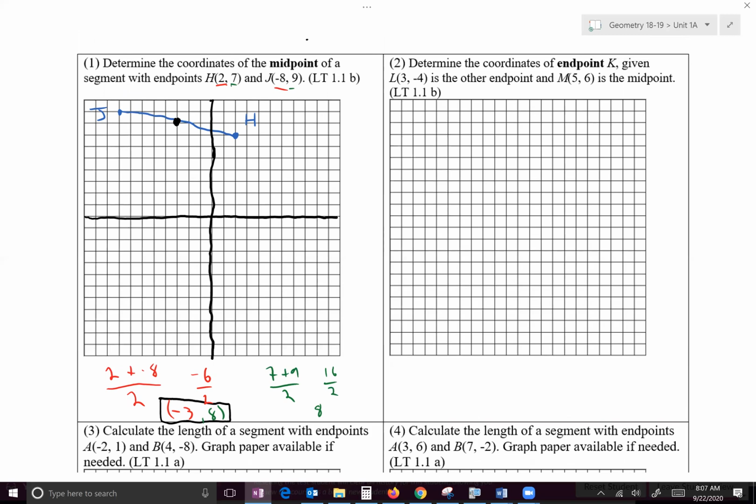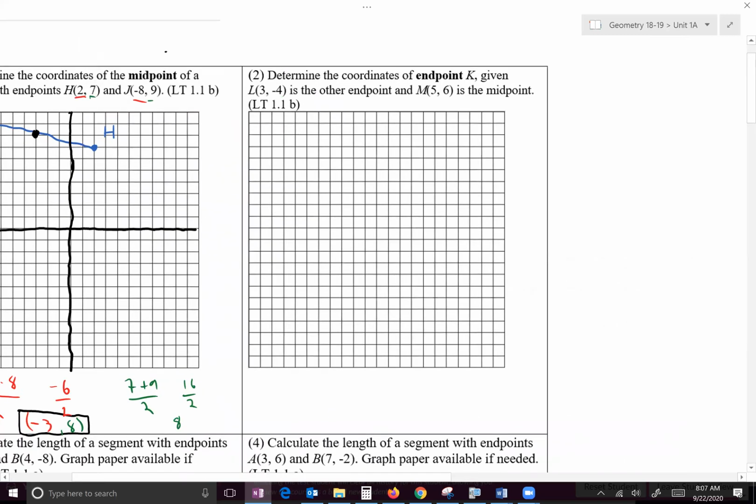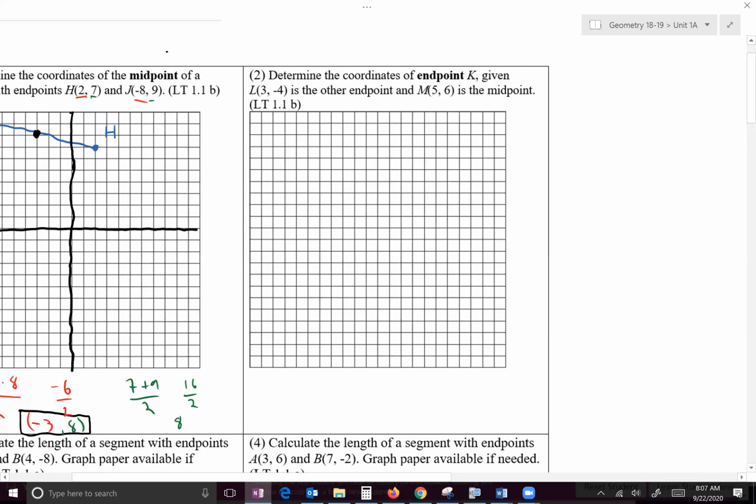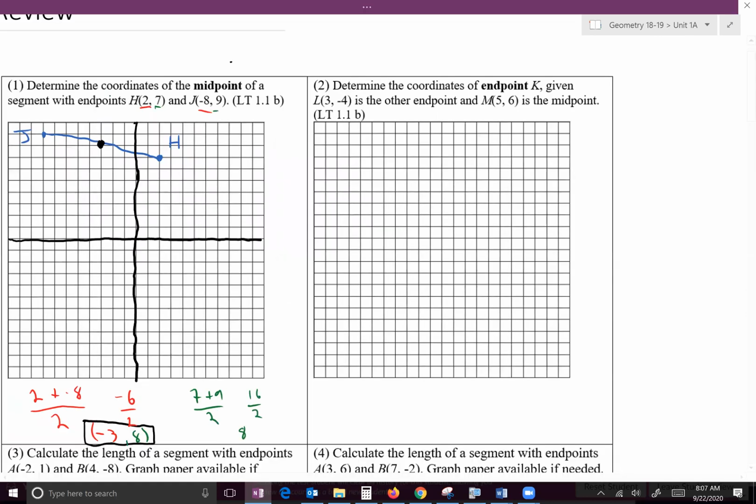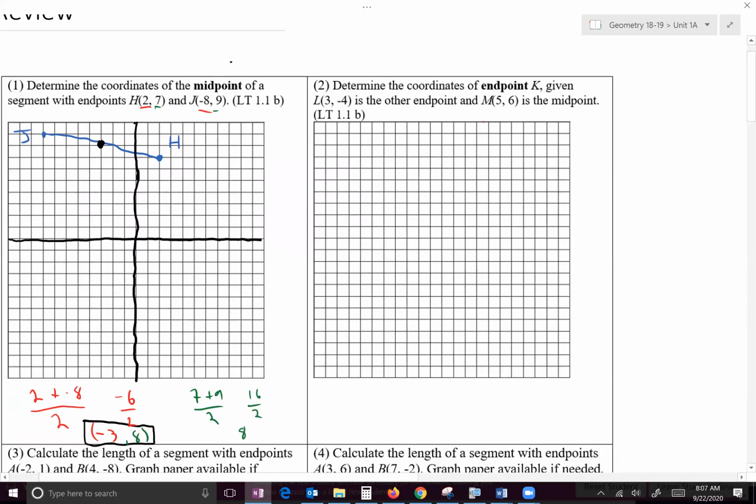All right. So this one, number 2, is a little bit different. Notice the first one, we were looking for the midpoint. This time, we're given a midpoint. We're asked to find the other endpoint. So let's just start the same way.